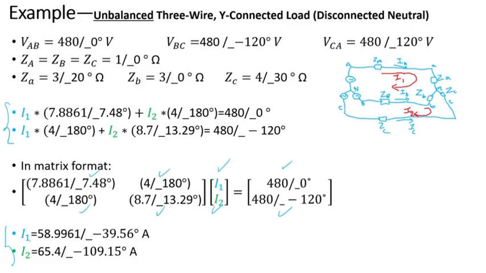So it comes out to I1 equal to 58.9961 amps with an angle of negative 39.56 degrees. Then I2 is 65.4 with an angle of negative 109.15 degrees. So those are my final values.